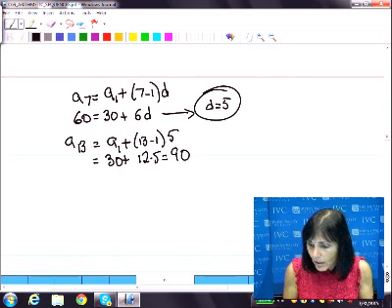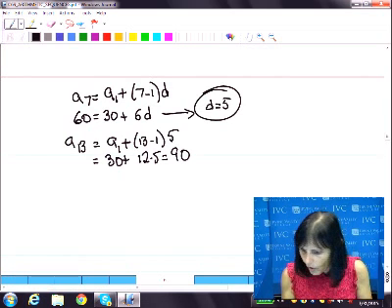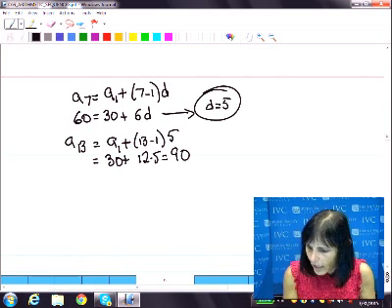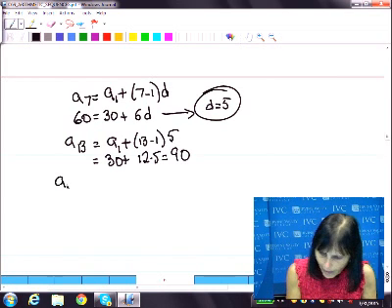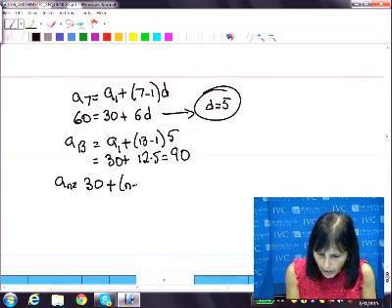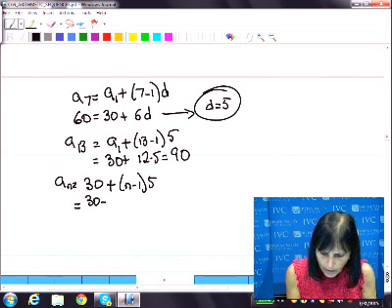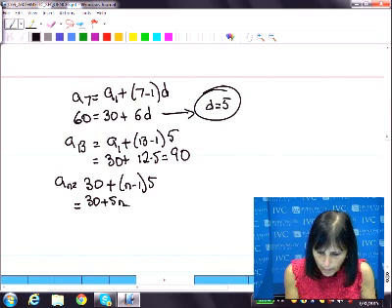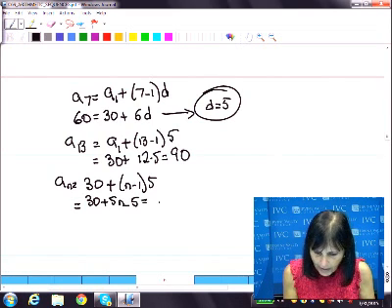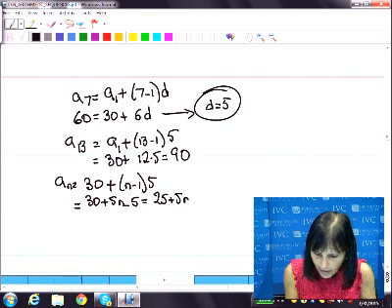Alright, and you can write the general term or whatever. So you can say, okay, how do I write my general term? An is going to be the first one plus n minus 1 times 5. Open that up, 30 plus 5n minus 5. What does that give me? 30 minus 5, that's 25 plus 5n.